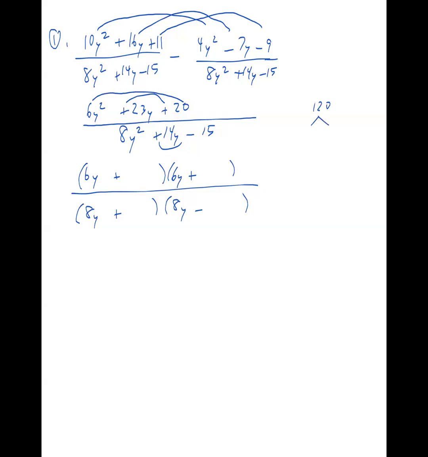And then we need two numbers that add up to make 23. So let's see. 1 times 120, 2 times 60, 3 times 40, 4 times 30, 5 times 24, 6 times 20, 7, 8, maybe 8. 8 times 15, yes, that works. 8 times 15, so it's going to be plus 8 plus 15.